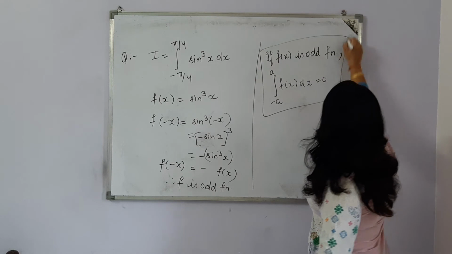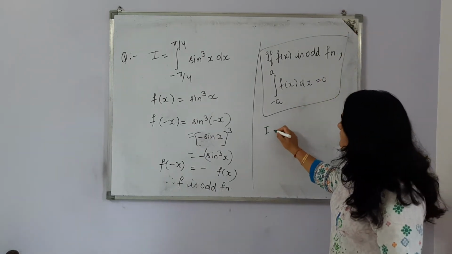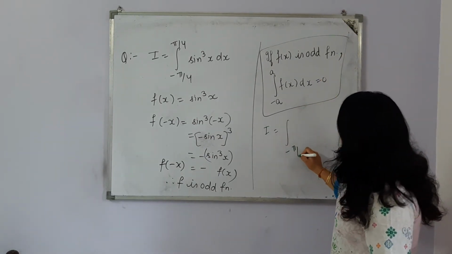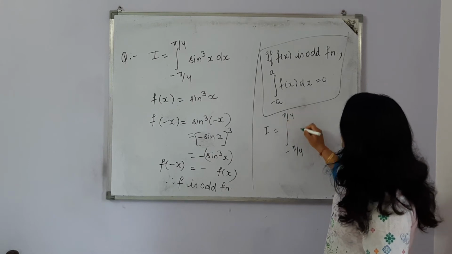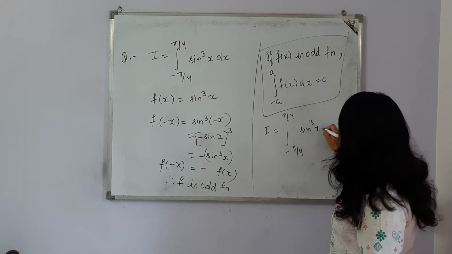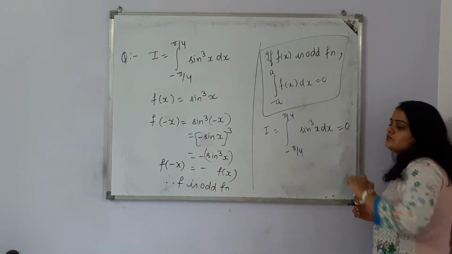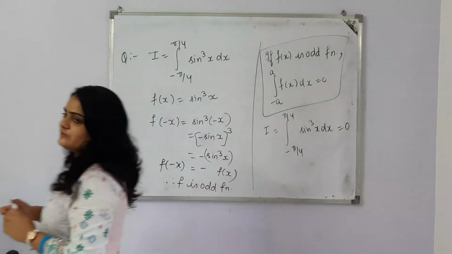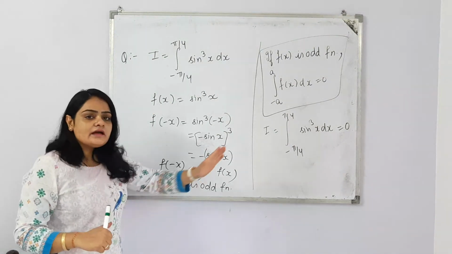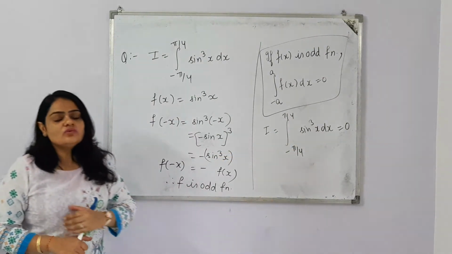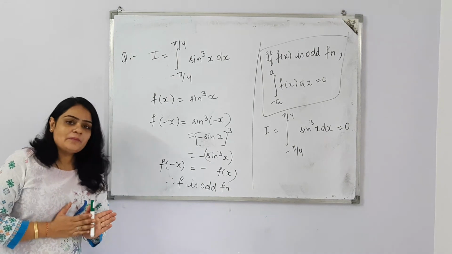We are going to apply this very property. So I is equal to the integral from minus pi by 4 to pi by 4 of sine cube x dx, and its answer is 0. So I is equal to 0. With the help of this property, you get the answer directly. Hope this property is clear.